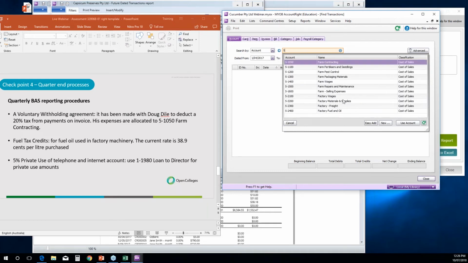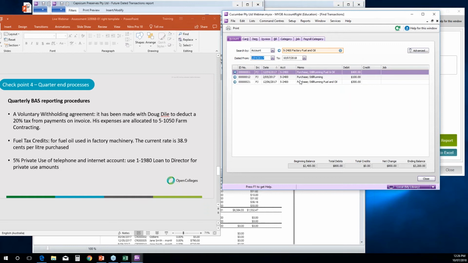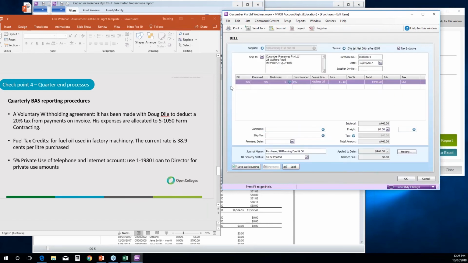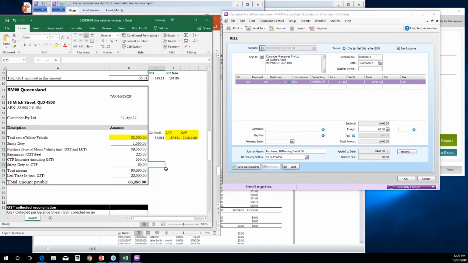Number 5, fuel, F for fuel. Factory fuel and oil. So I'm going to look for that, and there are accounts for that. So have a look at these accounts, and as per your assessment, under the bill, it will say how many liters been consumed. So you will have to count this. For me, at the moment, I can see 400.